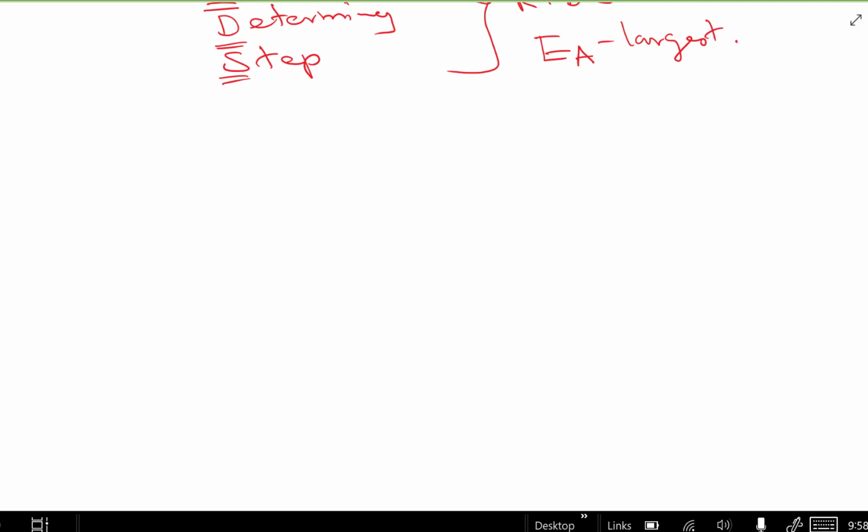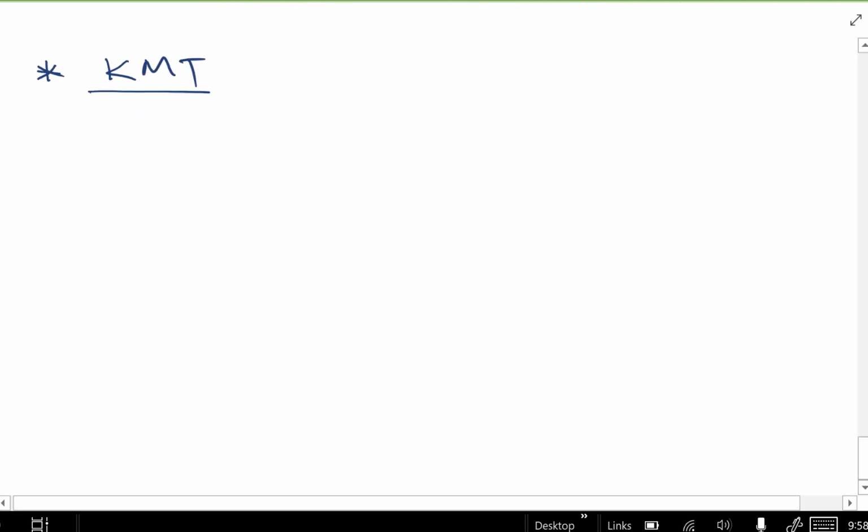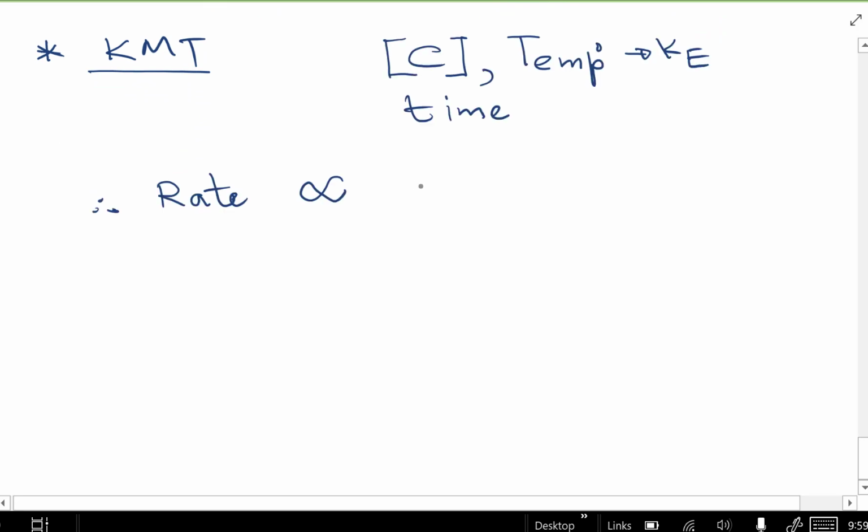Now we can move on to a bit different things, to compare those two. You also want to pay attention to the kinetic molecular theory, the KMT. In my previous video there are a bit more details on it. KMT tells you how many particles, what the kinetic energy is, and what the temperature is.